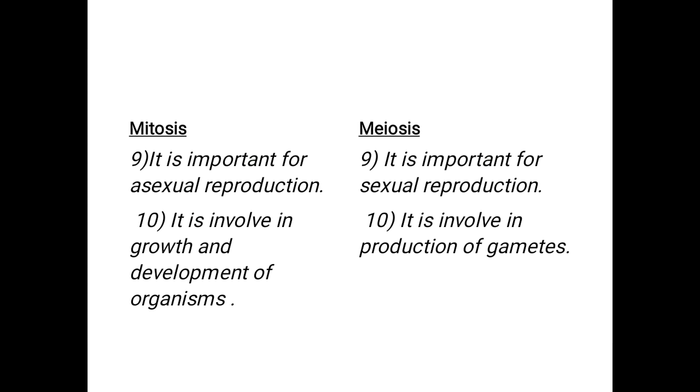And asexual reproduction takes place in the somatic cells which are haploid in number. That's why mitosis takes place. And meiosis is important for sexual reproduction, as we know that gametes are in diploid number. That's why meiosis takes place.